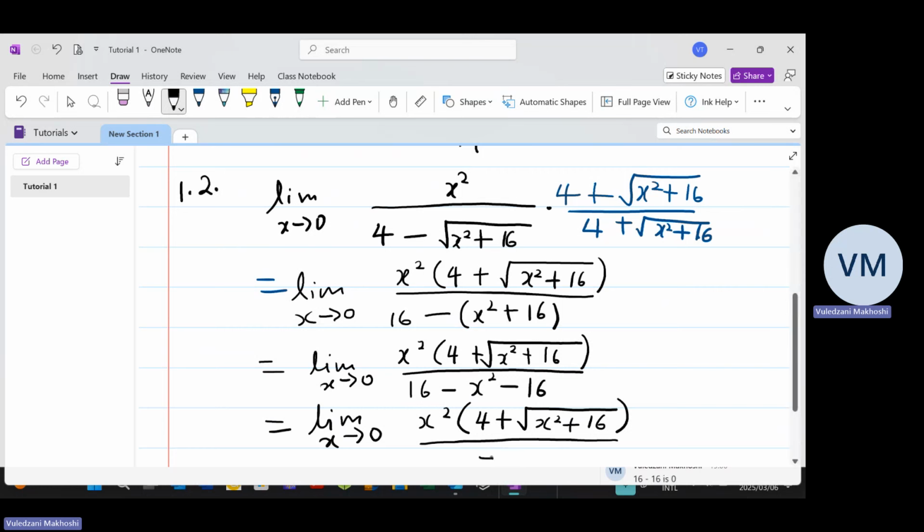So in the denominator, we're left with minus x squared, like that.